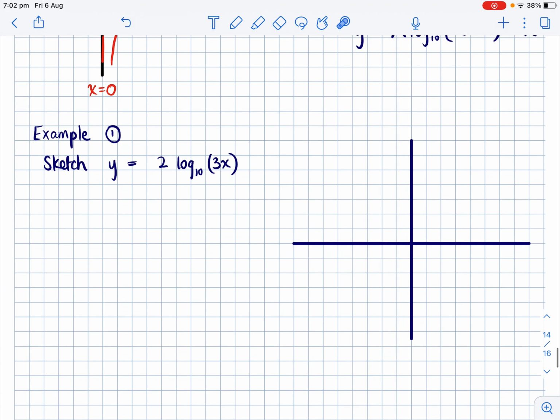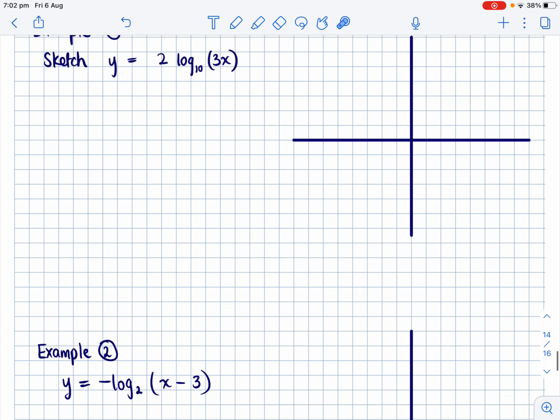So the first example is to sketch y equals 2 log to the base 10 of 3x. Let's just quickly run through these parts. This 2 is a dilation from the x-axis, and the 3 is a dilation from the y-axis.